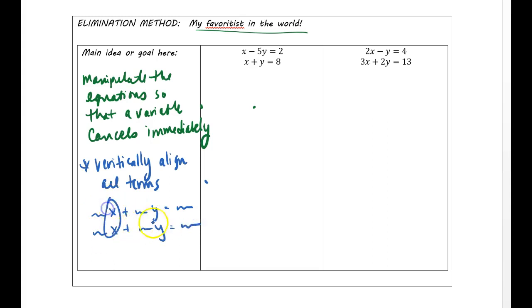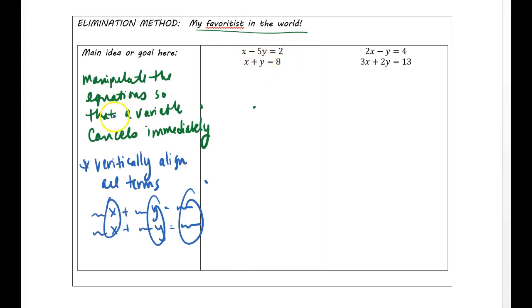Make sure that the x's are aligned, the y's are aligned, and the normal numbers are aligned. So in the problems I gave you here, that's already happened for you. So this is going to be pretty nice. They're already in the right order. X is in the front, Y is in the middle, numbers in the back.